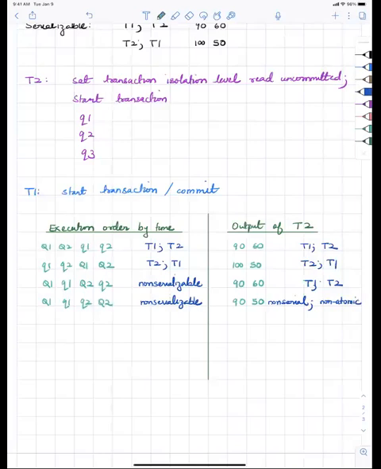So now let's look at the other possible options. The next one we have is Q1, Q1, Q2, Q2. Again, this is non-serializable execution by time.